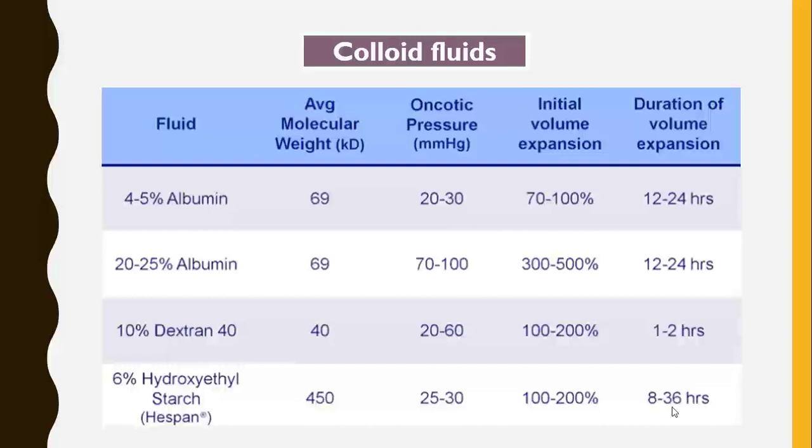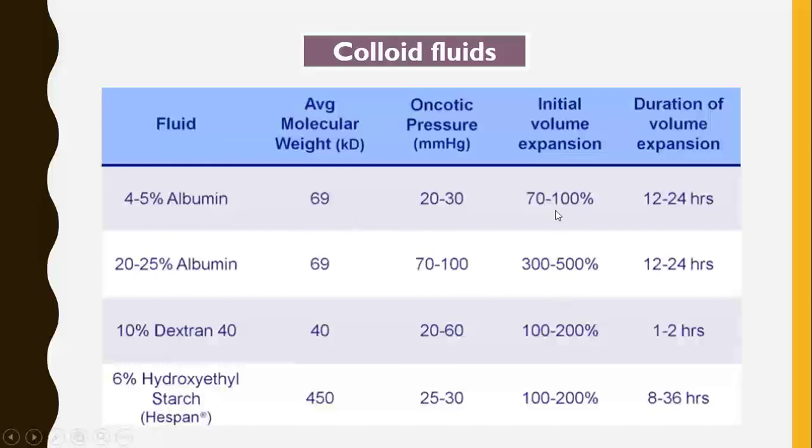Those are the crystalloids, the isotonic crystalloids. Come to the isotonic colloids. The most commonly used colloids are albumin 4 to 5% and dextran. This is the Voluven, or hydroxyethyl starch. What are the main indications of the colloids now? You see here, this is the initial volume expansion of the intravascular compartment.